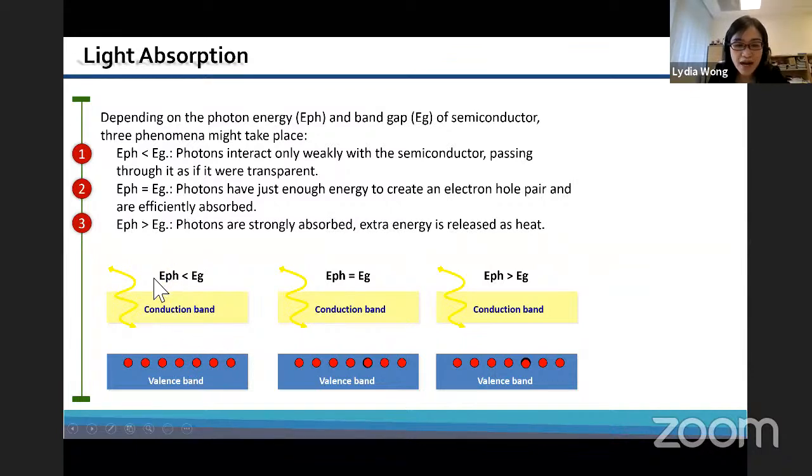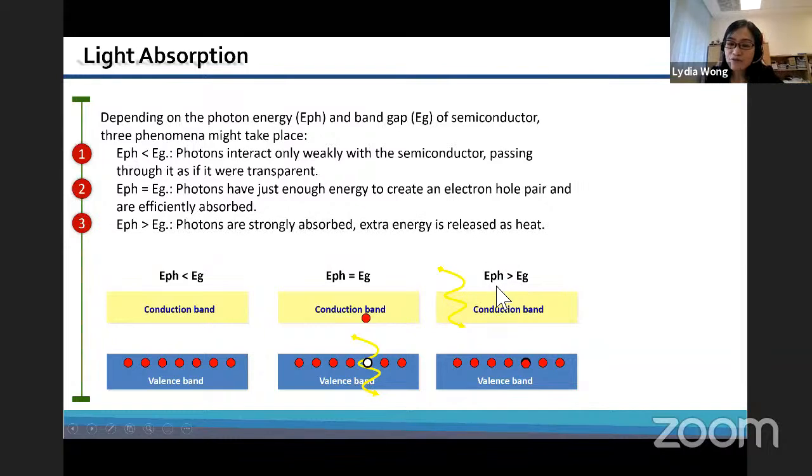If the energy of the photons or the incoming light is smaller than the band gap, the photons will pass through as if this material is transparent. If the energy of the photon is equal to the band gap of the semiconductor, it will have enough energy to excite an electron from the valence band to the conduction band, generating free electrons.